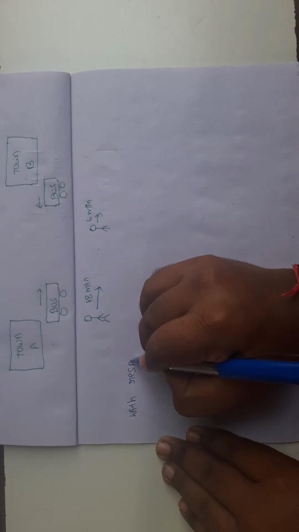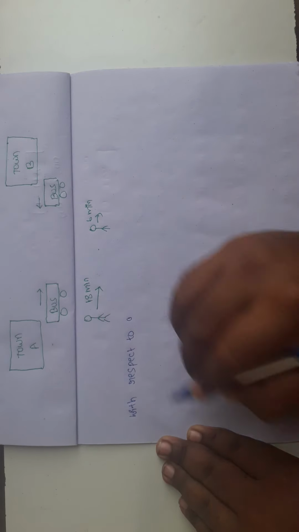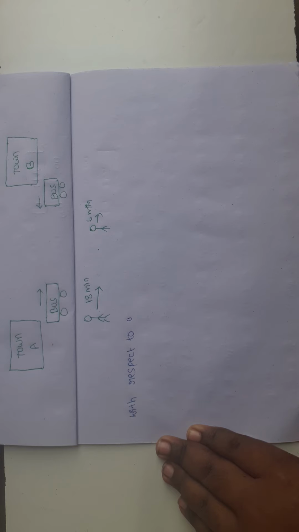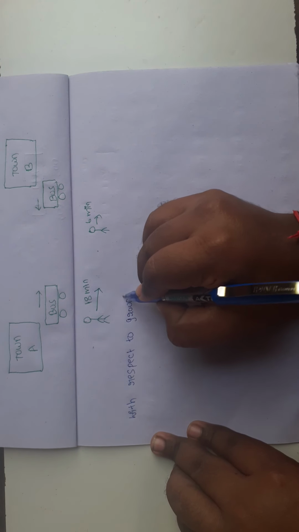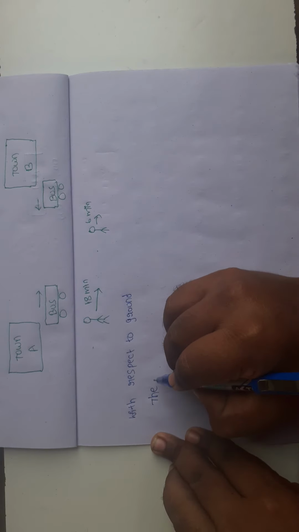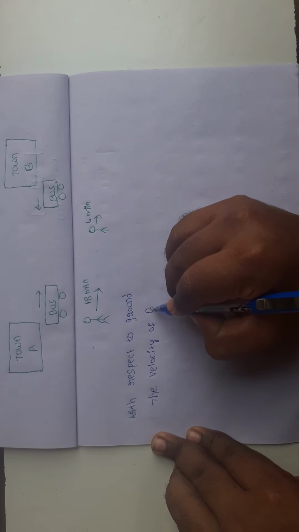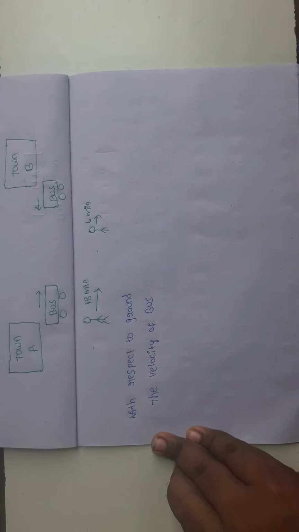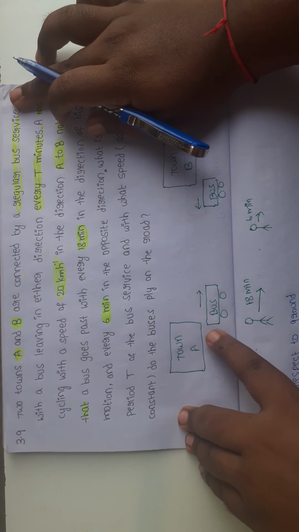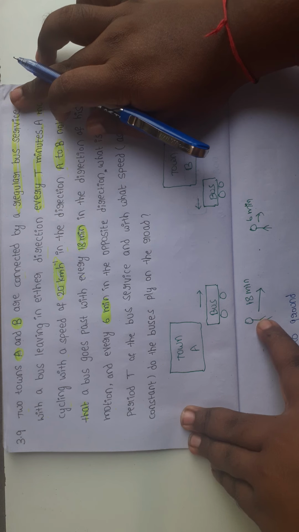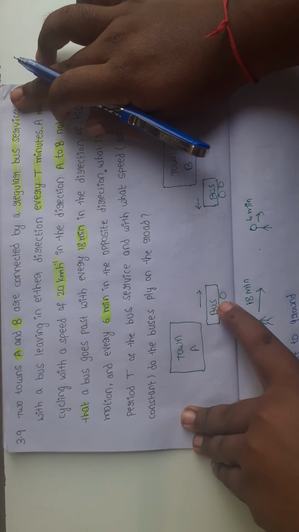Now, with respect to the ground, what is the velocity of the bus? Here there are two cases: with respect to the ground, and with respect to the person. First, the case with respect to the ground.